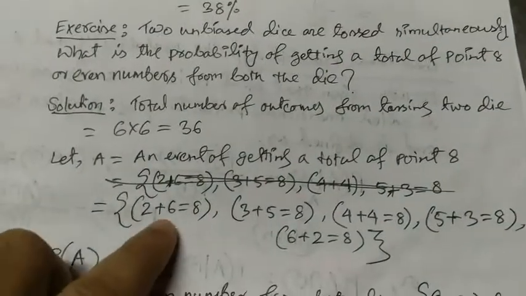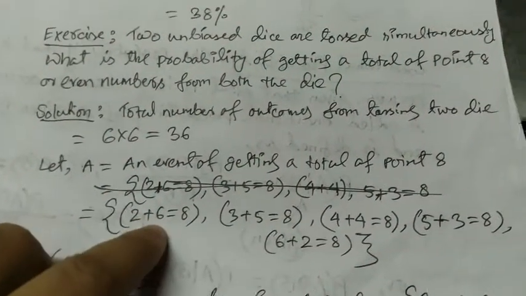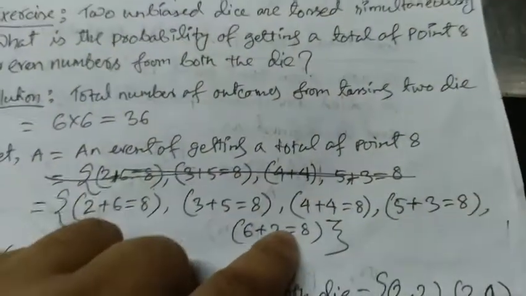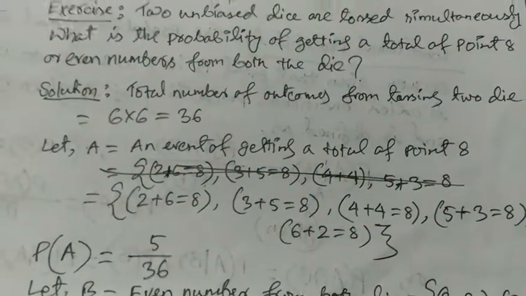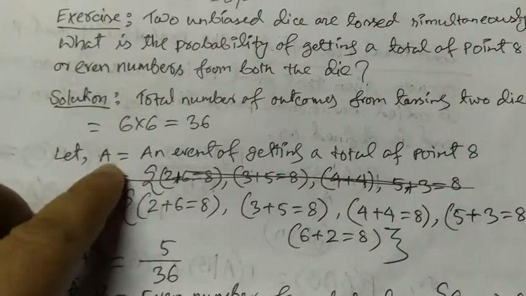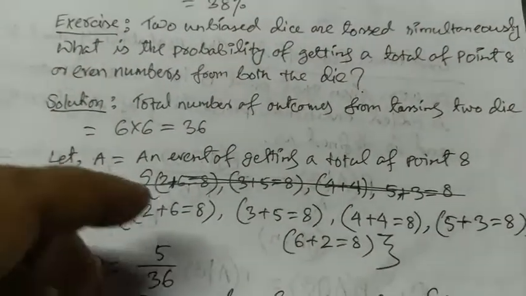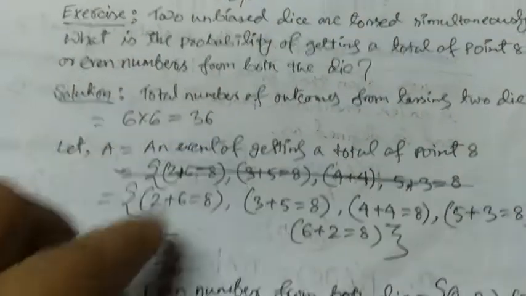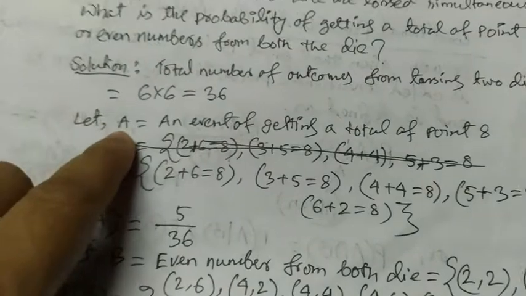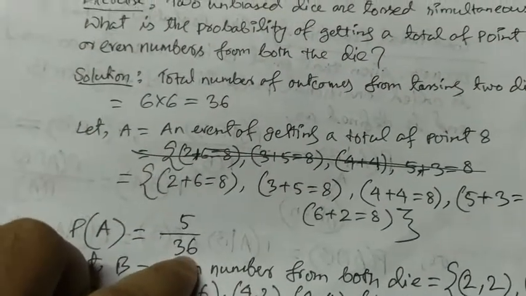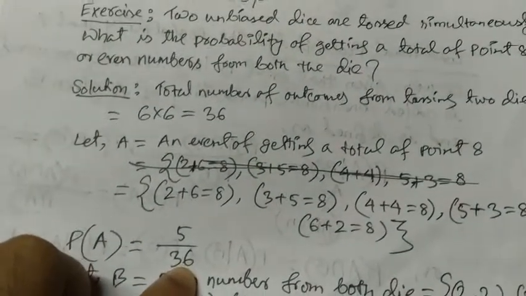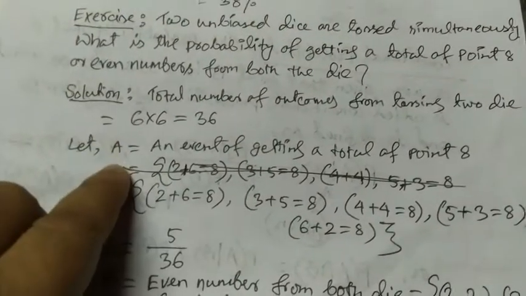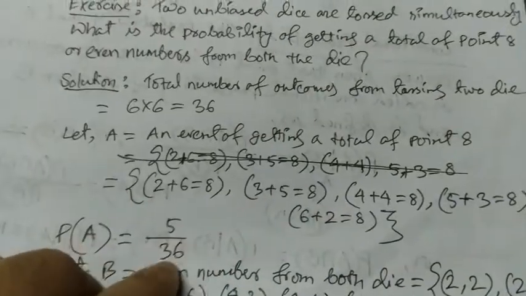As you can see, the total number of outcomes in event A is 1, 2, 3, 4, 5. So we have a total of 5 outcomes in event A, and the total outcomes possible from 2 dice is 36. So the probability of A is 5 divided by 36, where 36 is the total outcomes from rolling 2 dice and event A has 5 outcomes.